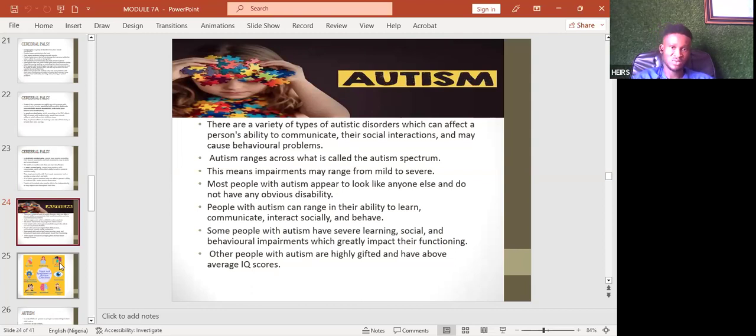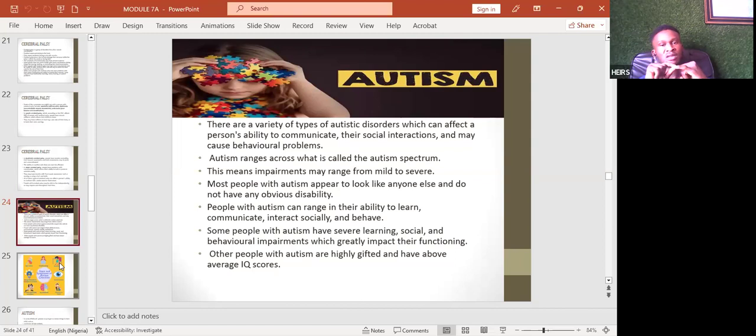Autism ranges across what is called the autism spectrum. This means impairment may range from mild to severe, and most people with autism look like anyone else and do not have any obvious disability.